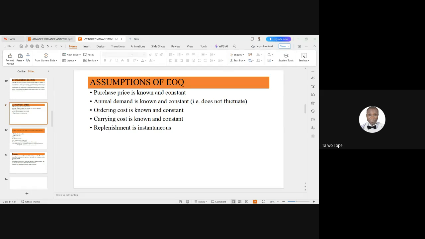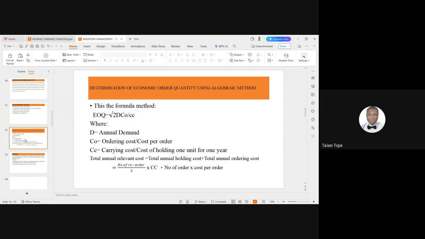Economic order quantity is equal to the square root of 2 multiplied by the annual demand multiplied by the ordering cost, divided by the carrying cost. If you've done normal management accounting, this is the formula.